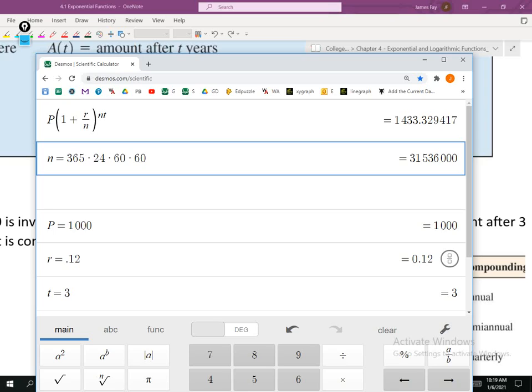Okay? So if we multiply that by 3, we're getting like 92, 93 million compounds through the duration of this investment. Look at the total up there, it's 1433.329, right? Well, when I was doing it at 365, it was like 1433.28. It wasn't that big of a difference, okay?